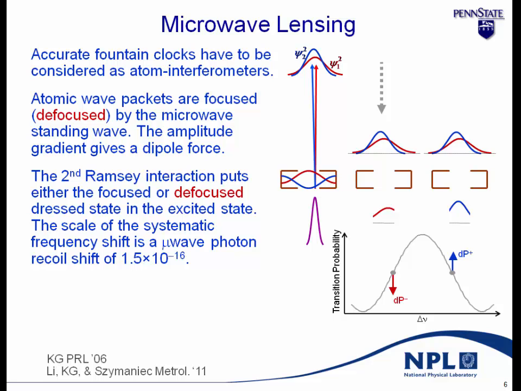On this side of the Ramsey fringe, what the second interaction does is it takes dressed state 2, the focused dressed state, puts it into the excited state, and that's what you detect. So because you detect more of the focused state through the apertures of the cavity than the defocused state, the transition probability on this side is higher than on that side, and that's a frequency shift.